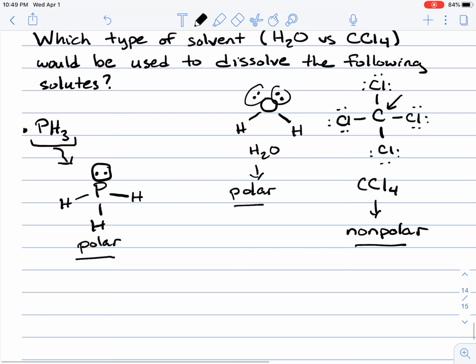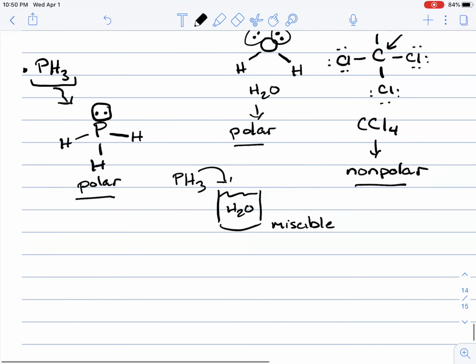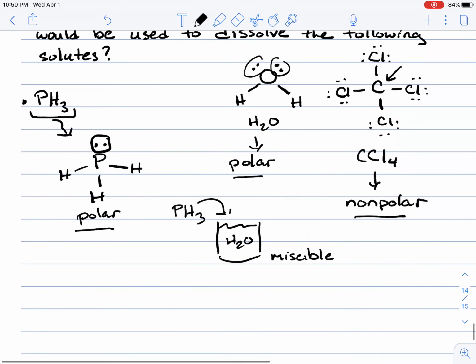If you put PH3 in a beaker filled with water, we would expect that both compounds would be miscible, forming a homogeneous solution. Okay? So hopefully that explanation makes sense.